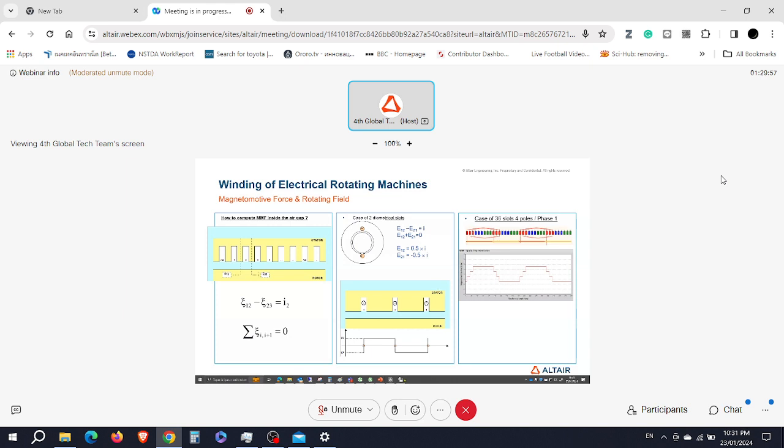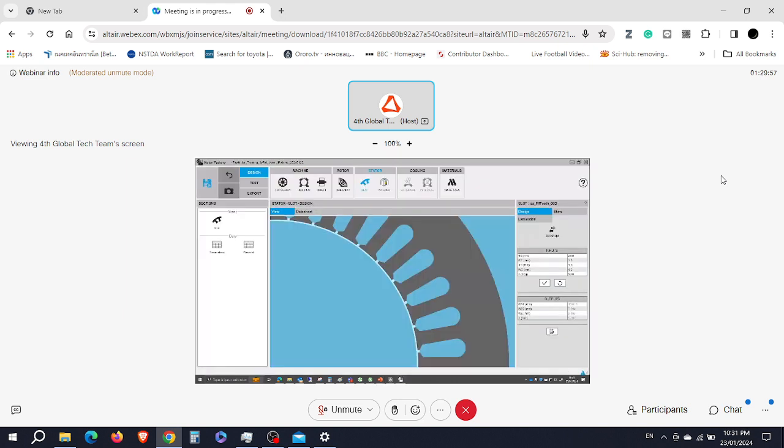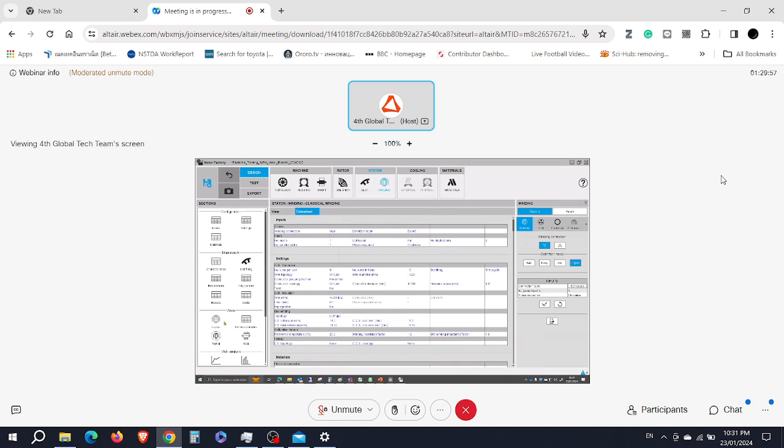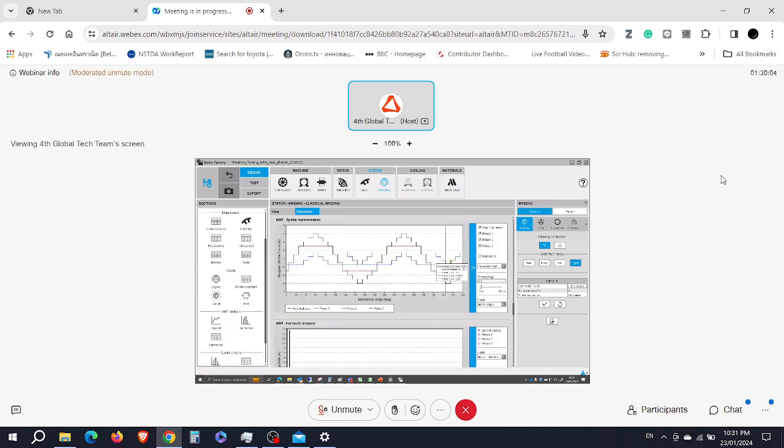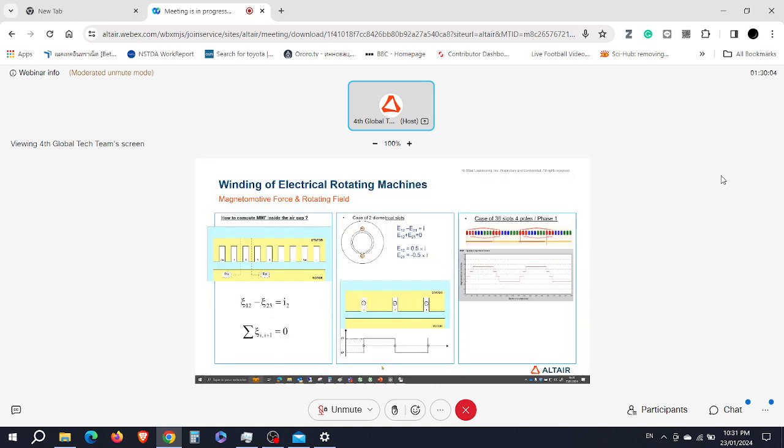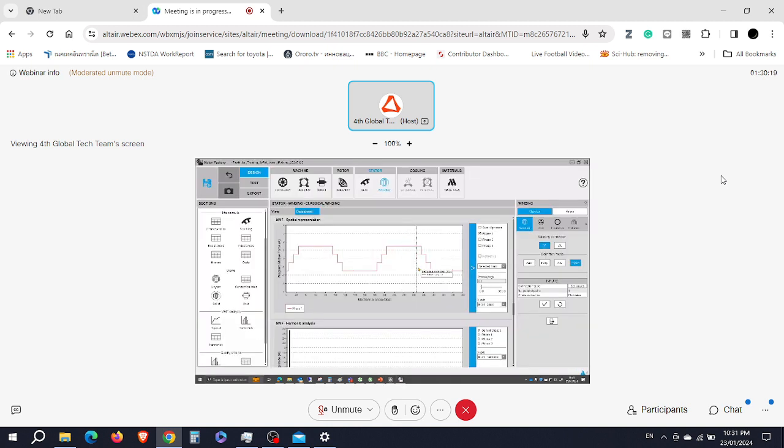So if I go to my winding and go to the spatial MMF, as you can see here, if I move, it's pulsating, it's not moving. So each phase will create this MMF. And this MMF, magnetomotive force, is computed through Ampere's law.